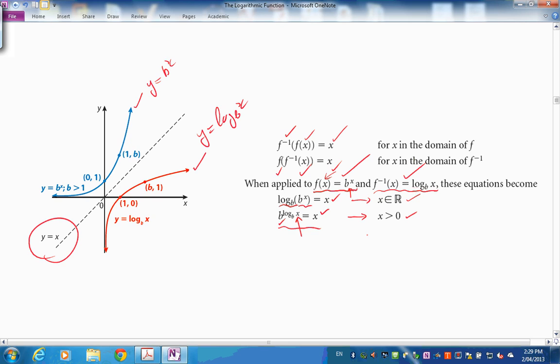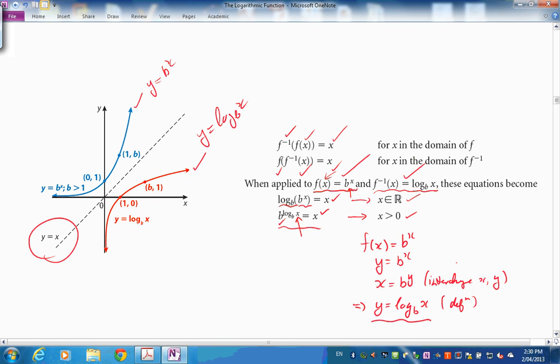Let's take our function as f of x equals b to the x. First of all, let y equal b to the x. Then we're going to interchange x and y. Remember this is our standard way of finding the inverse. If x equals b to the y, that implies y is the power required to raise b to get x from our definition.